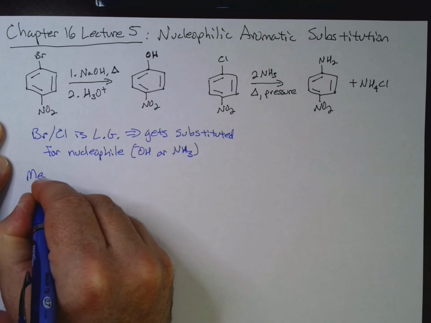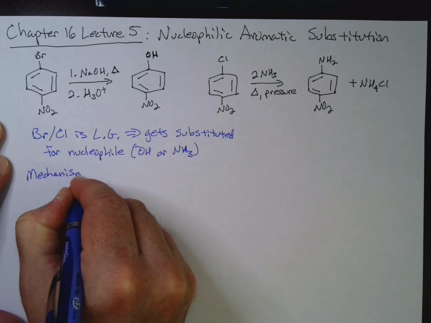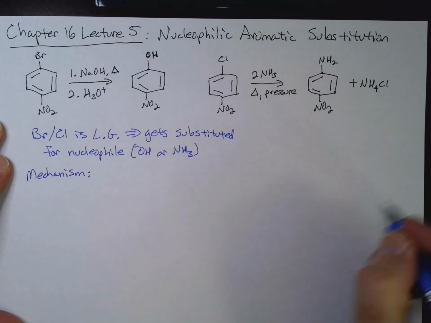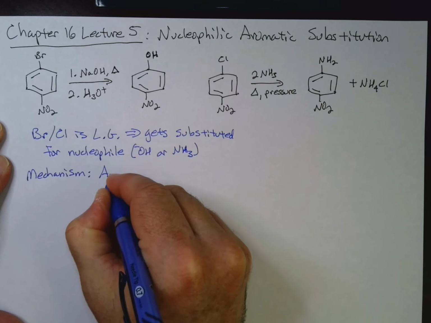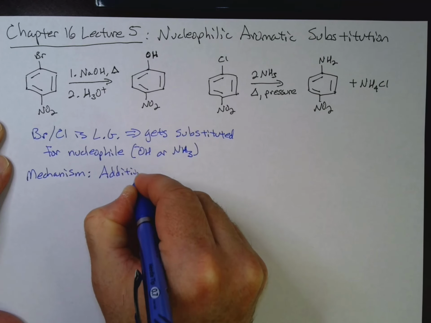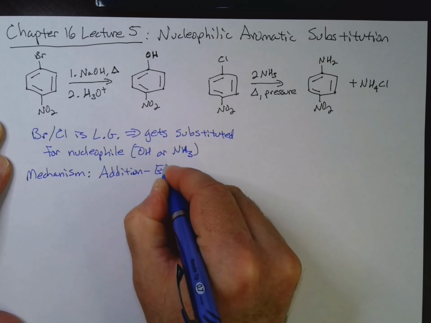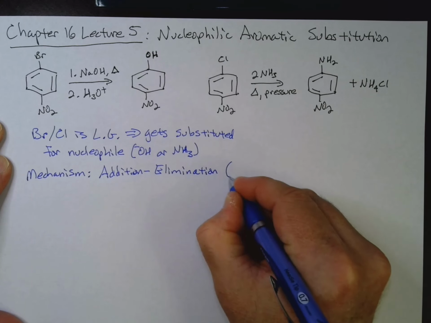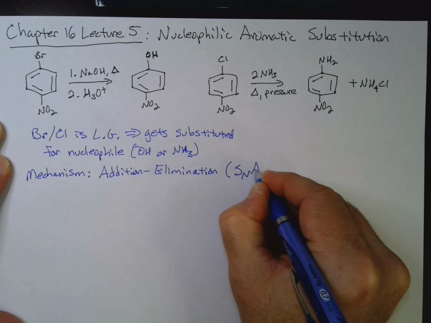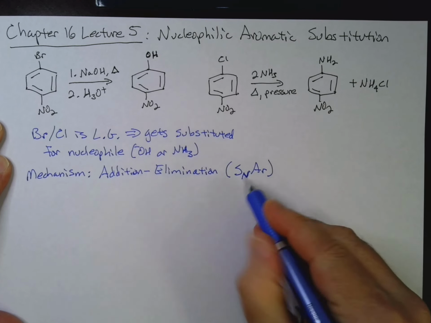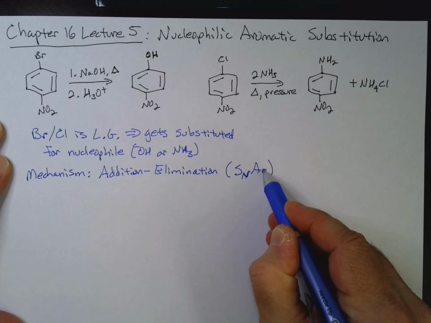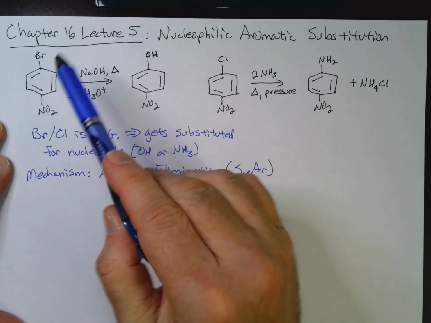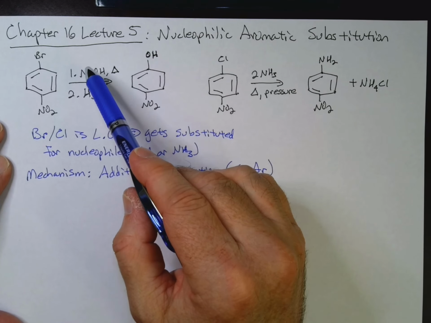The mechanism is one that I'm not going to hold you responsible for, although you can read about it if you want to. It's what is called addition elimination, or sometimes referred to as SNAr, for substitution nucleophilic aromatic. So it involves the nucleophile adding and then an elimination occurring.